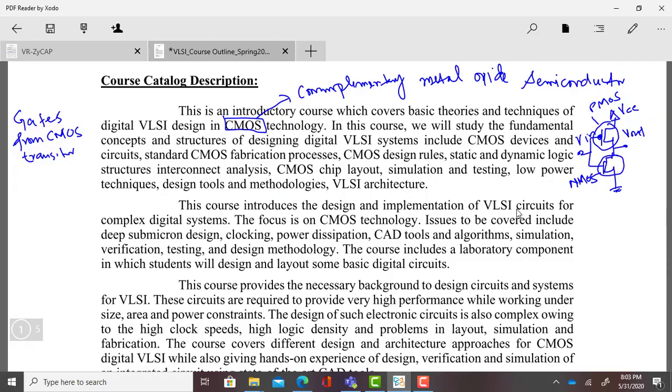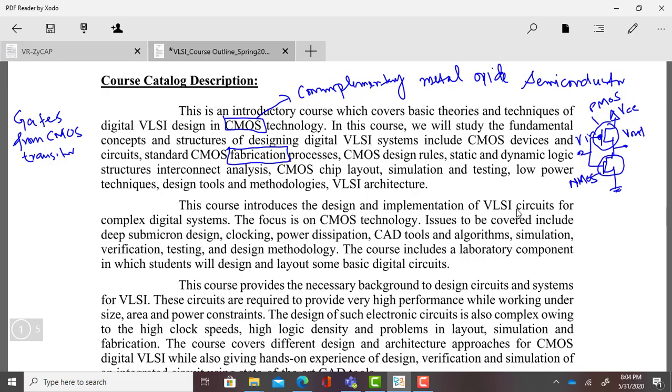Then the second word which will keep coming up is fabrication. What fabrication essentially means is that you have silicon, which you get from nature and process it, and fabrication is the process of mapping your circuit, which consists of your logic gates, onto a physical chip.